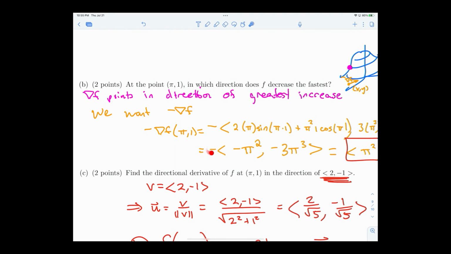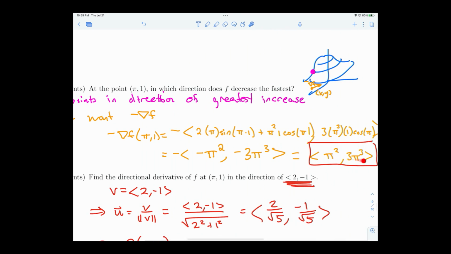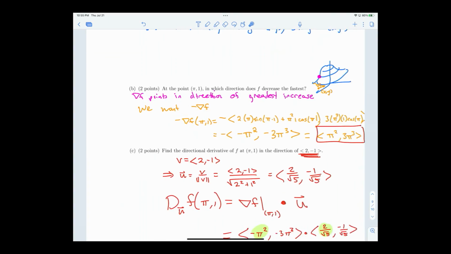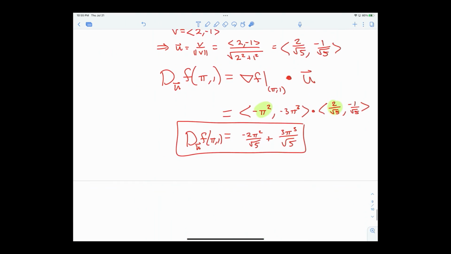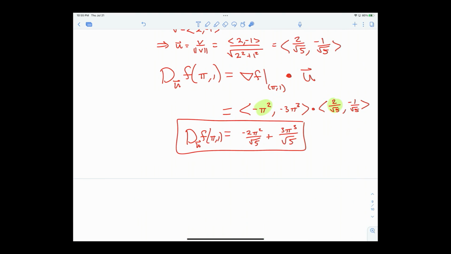So the negative here is not part of the gradient. This is the negative and this is the gradient. Not this. This is the negative gradient. Okay. So we did that. So there's our directional derivative. What it means is that's the slope in the direction.